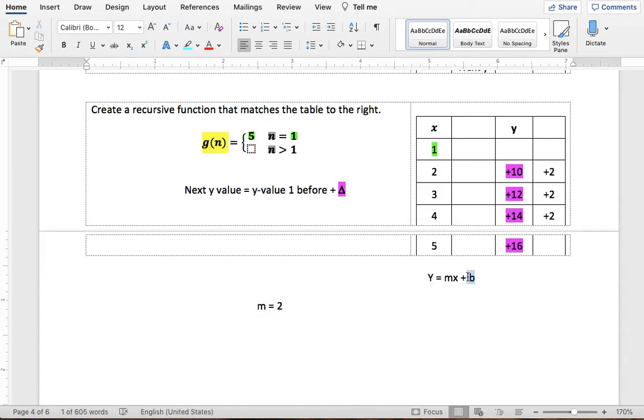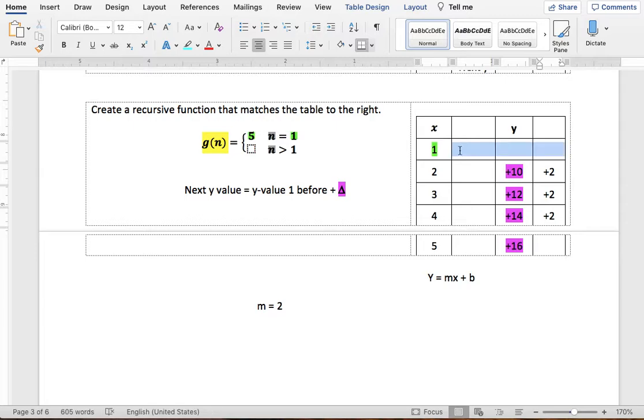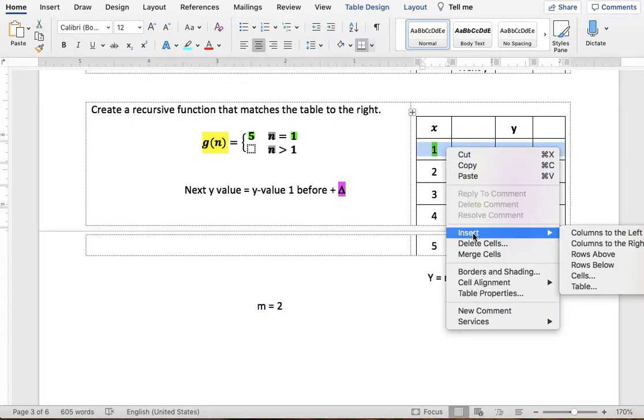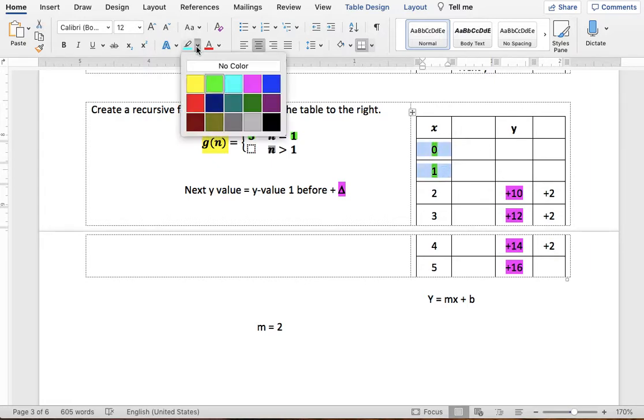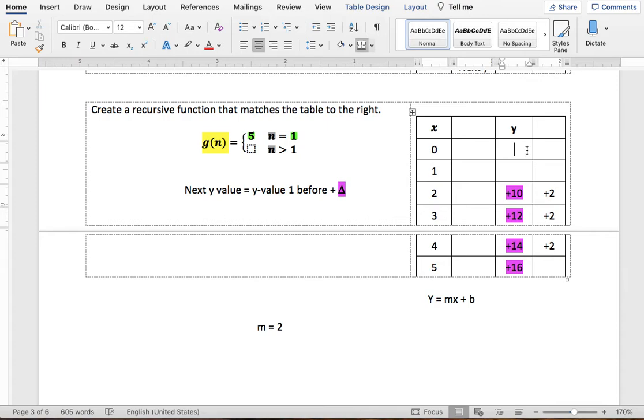Okay, so now we need to find our b. Your b is your y-intercept. When x is equal to 0, how much is your y? So let's insert a row here. We're looking for this value right here. This is your y-intercept right there. In order to find it, I know this is going down. It's plus 2, plus 2, plus 2 each time.